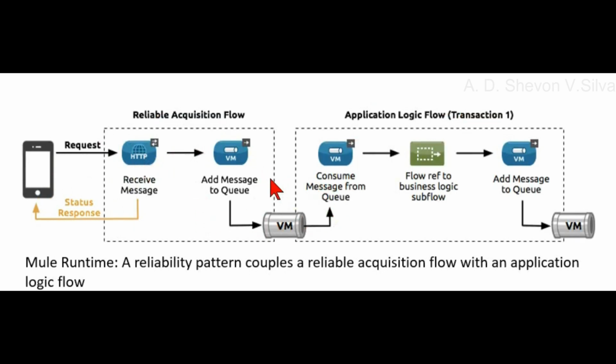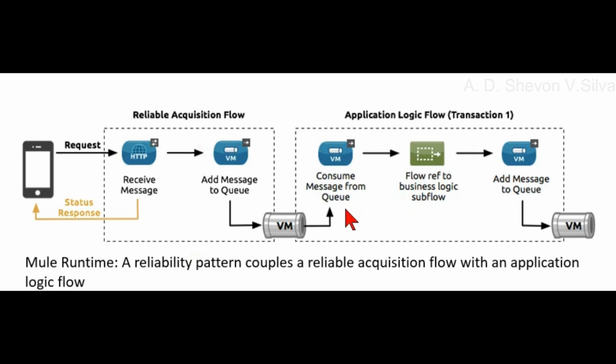A reliability pattern is a design that results in reliable messaging for an application, even if the application receives messages from a non-transactional connector.